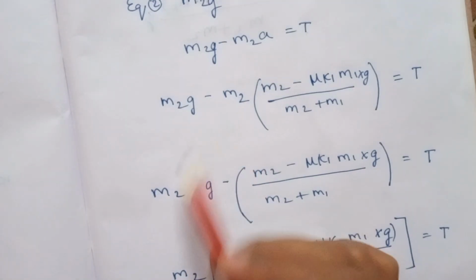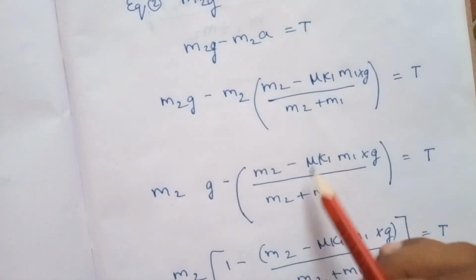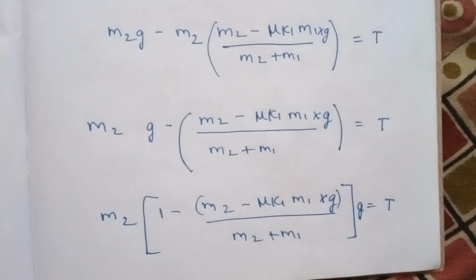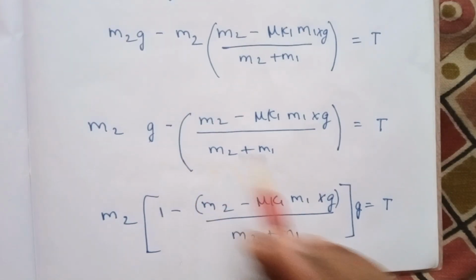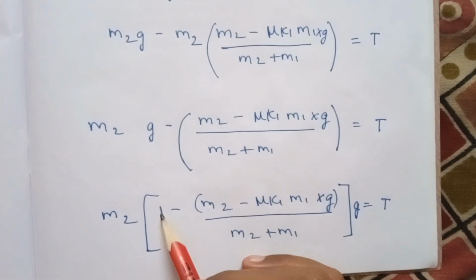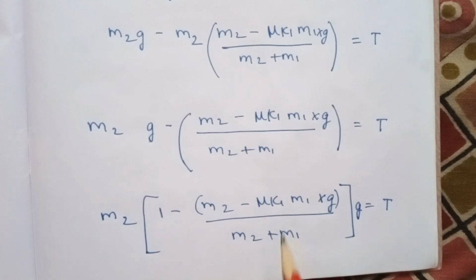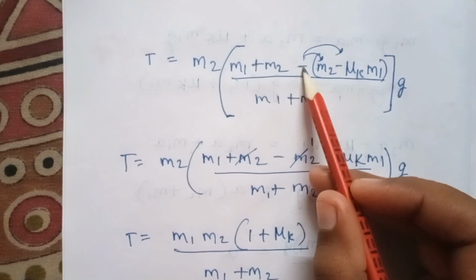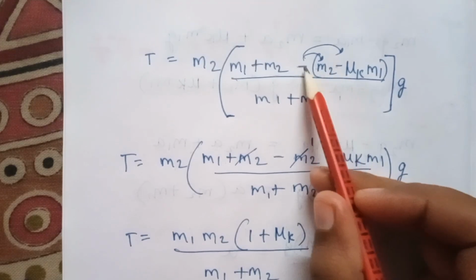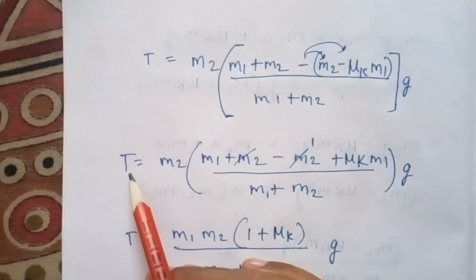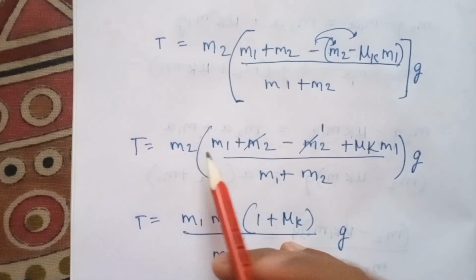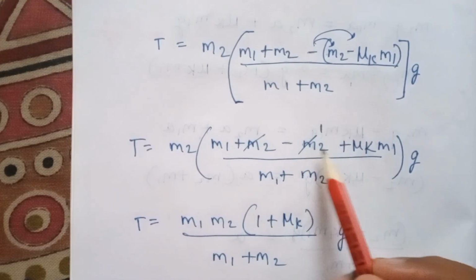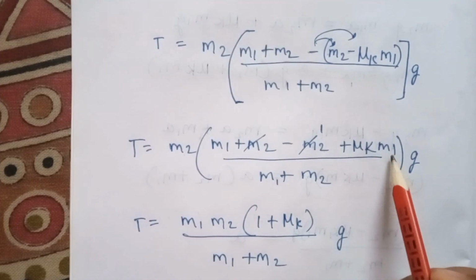Then taking m2 common, this is g and this is the acceleration. G minus acceleration is equal to, bringing g outside, g ones are g, and then take the LCM. Take this minus inside, minus plus is equal to minus. So T is equal to m2 times m1 plus m2 minus m2 plus mu k m1, all over m1 plus m2, times g.